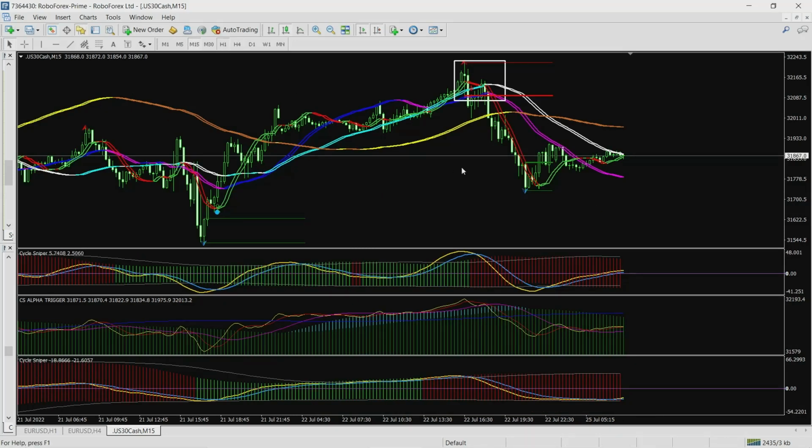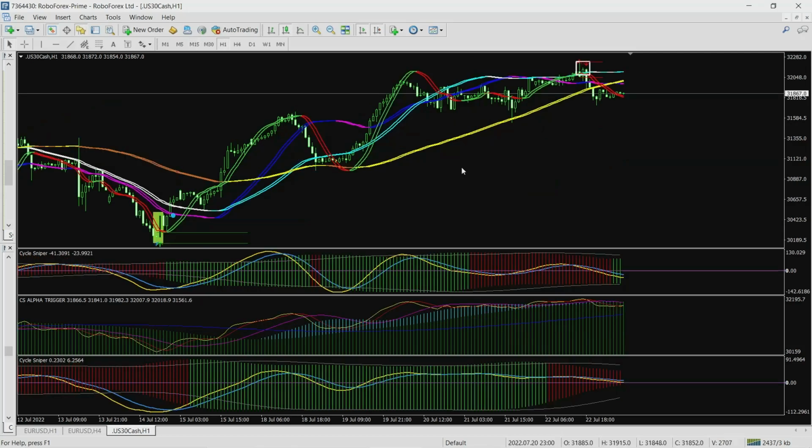But also, let's go back to the 1 hour chart. You see, we see a divergence here. First overbought, oversold. Bearish divergence, bearish divergence. So a good bearish divergence here.